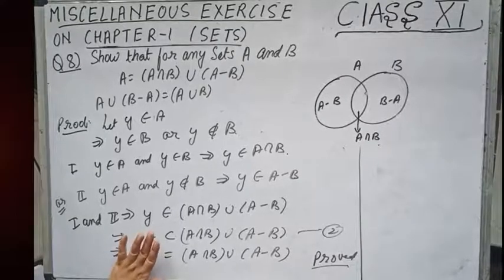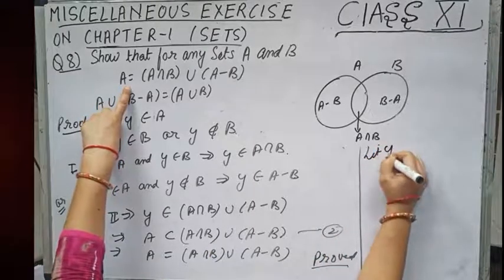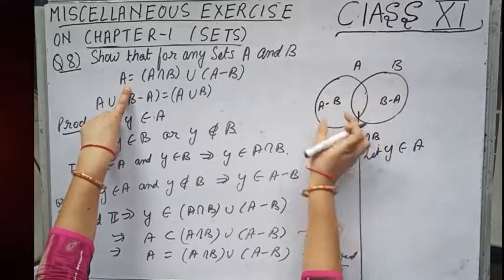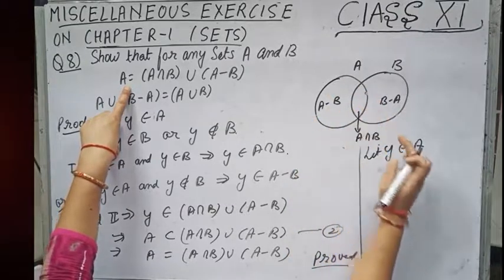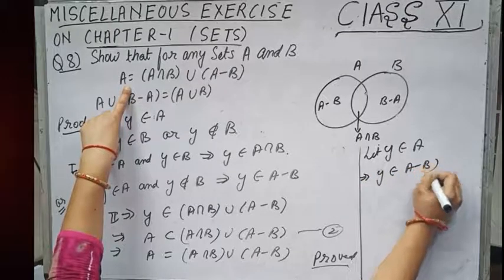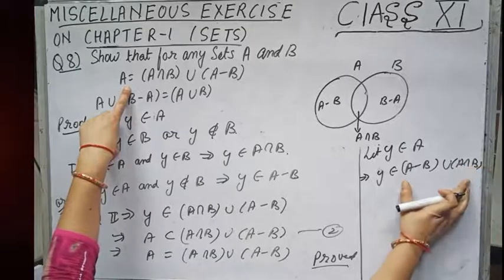Now alternatively, children, instead of proving all this, for the second part we can also start with: let y belong to capital A. Now this capital A is the union of A minus B and A intersection B. This implies y belongs to A minus B union A intersection B. I think you understand.